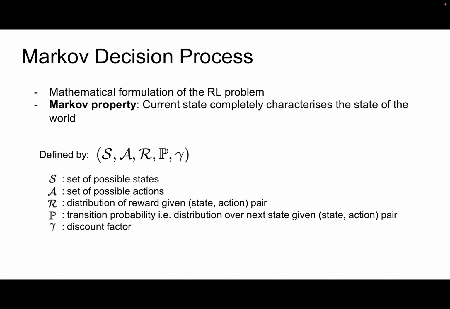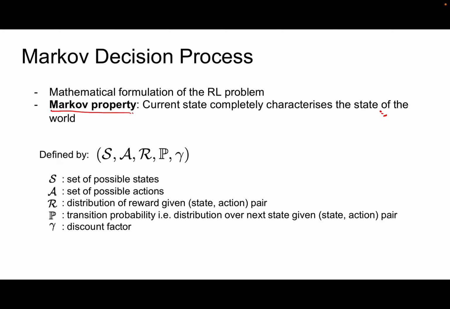And the simplest mathematical formulation of the RL problem is the Markov decision process. The Markov property means the current state completely characterizes the state of the world. In many cases, this is not true. It is a very strong assumption to make this kind of formulation easy. The Markov decision process is defined by 5 things.